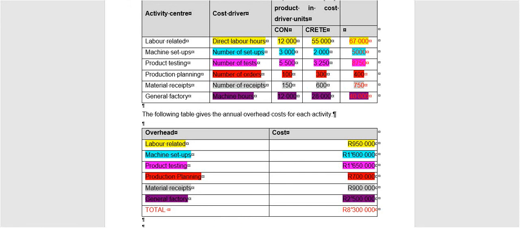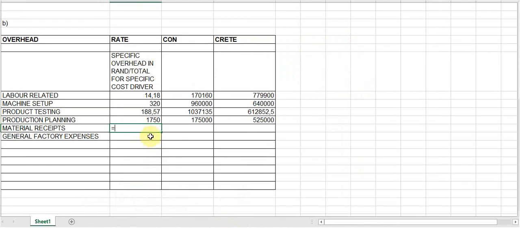So I'm going to take the 900,000, and divide it by the total cost driver, 750, and that gives me a rate of 1,200 Rand. I'm going to take the rate and times it by the number of receipts in each instance. So it was 150 for Con, and a total for Crete of 600.